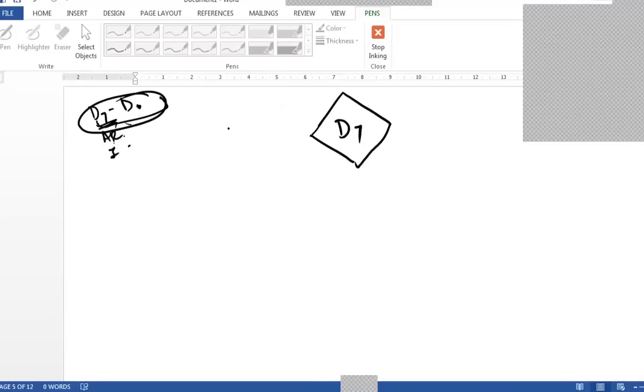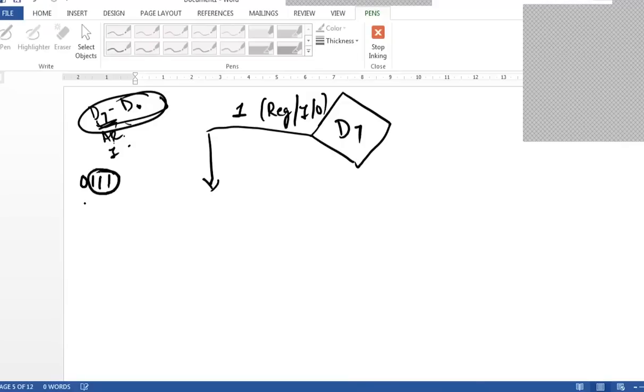Okay, so if the value of D7 is 1, it means it is either register reference or input output instruction. क्यों? Because register reference में यहाँ पे D7 1 है.